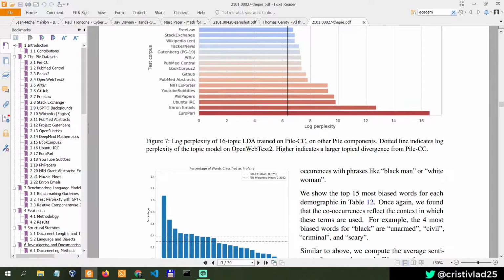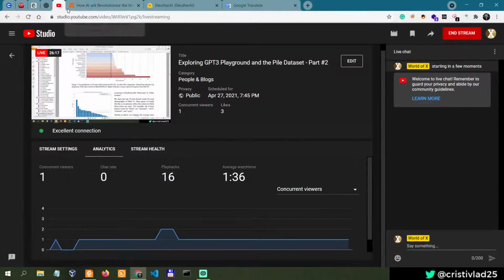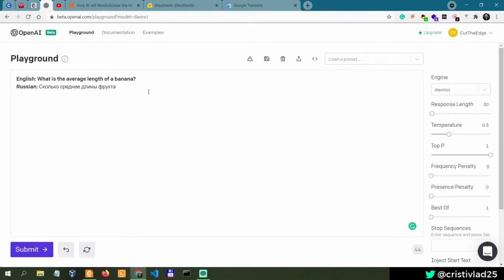Now, I think that the next iteration of GPT is probably going to be extremely amazing, because right now with 175 billion parameters and, in my view, a lower quality data set, you get this amazing stuff, as you can see here. The next GPT is probably going to be another order of magnitude higher when it comes to parameters, because Google has published a paper.